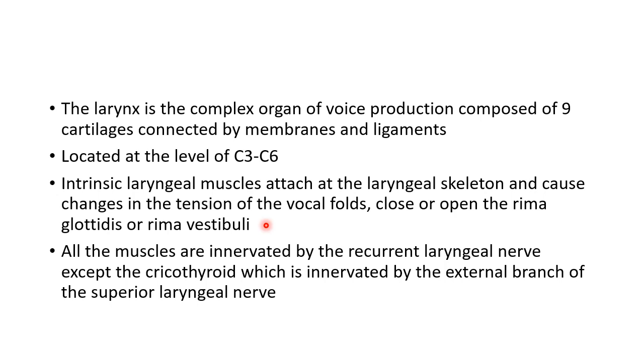It also causes the rima glottidis, or the opening of the laryngeal airway, to close or open. And it also causes the rima vestibuli, which is the opening of the false vocal cords or folds, to open or close.